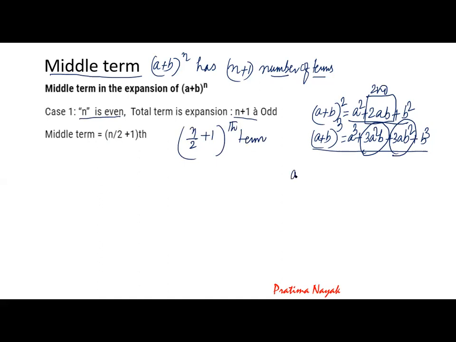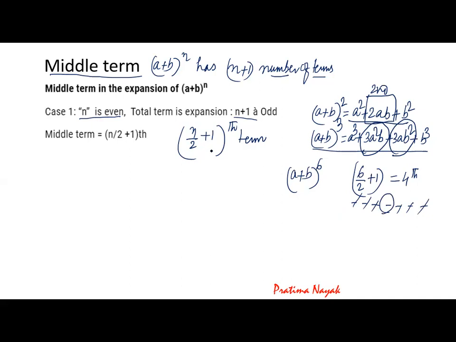That means if it is A plus B to the power 6, then 6 by 2 plus 1, that is the fourth term, is the middle term. Because there will be 7 terms, counting 1, 2, 3, 4, 5, 6, 7, the fourth term will be the middle term.